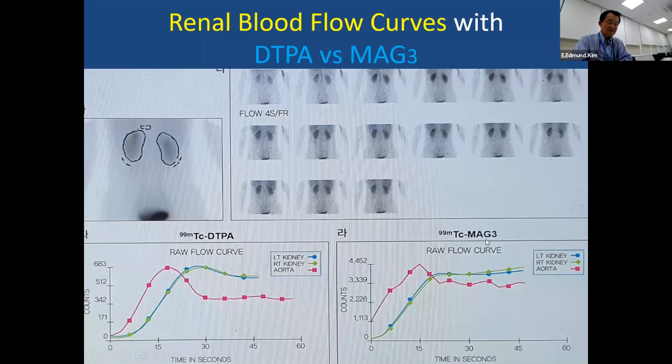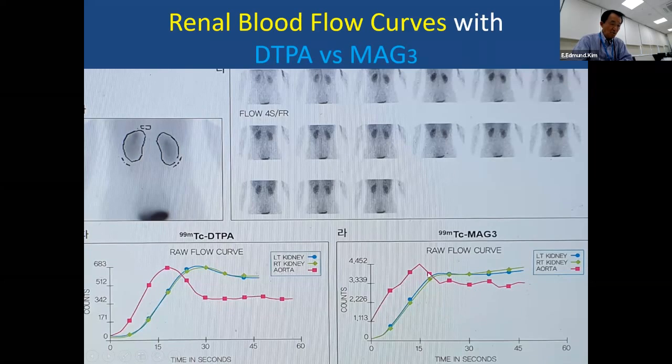But with technetium MAG3, do not expect to see exactly the same. DTPA usually has a very good peak and down. But because MAG3 is a tubular agent, you certainly see the peak, but the down is only a little bit down, not much. That's from the aorta.